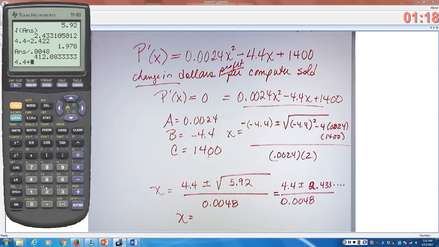And then 4.4 plus 2. Whoops, got to back up. It's 2.433, not 22. Let me try that last one again.